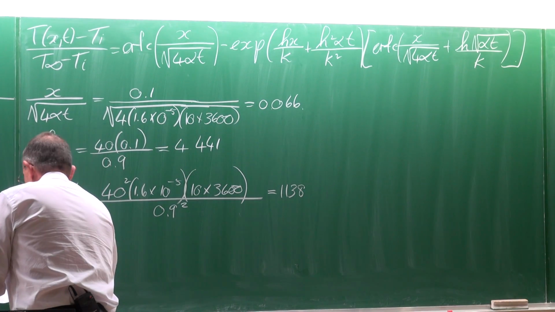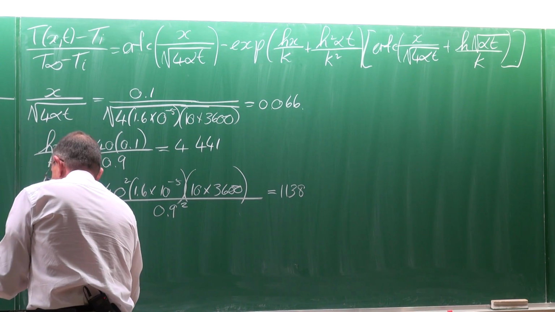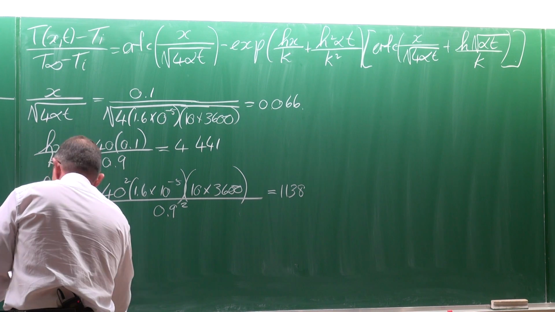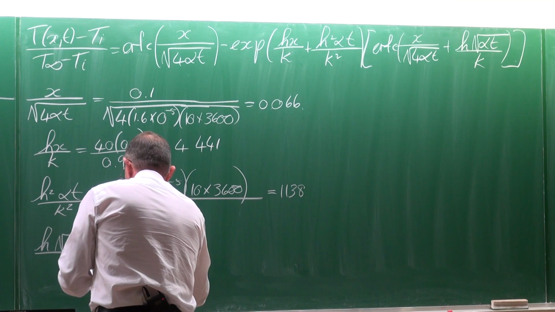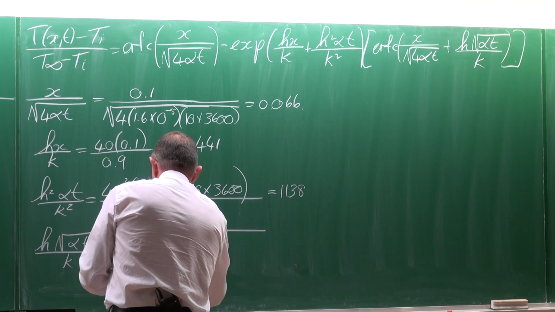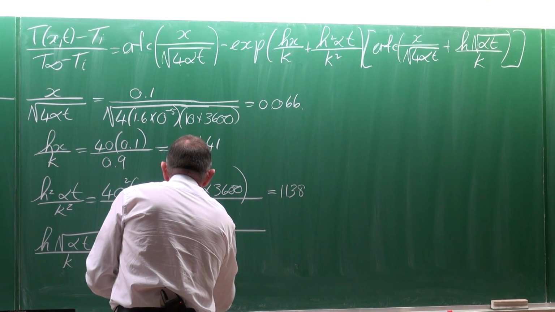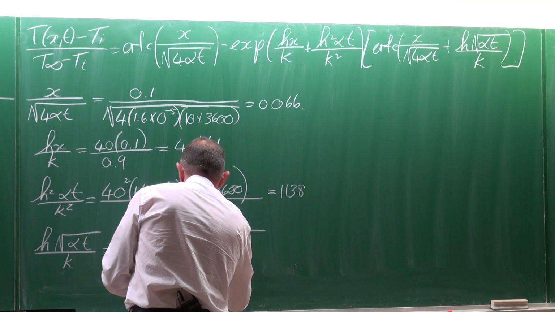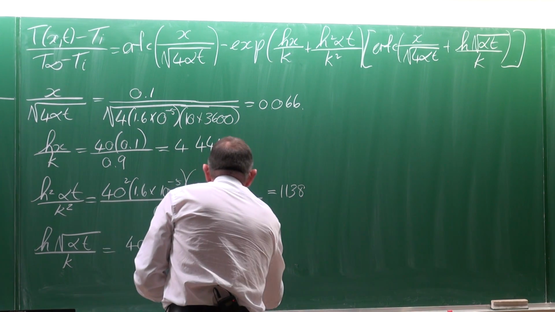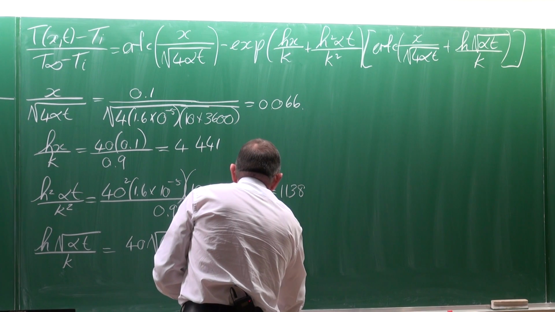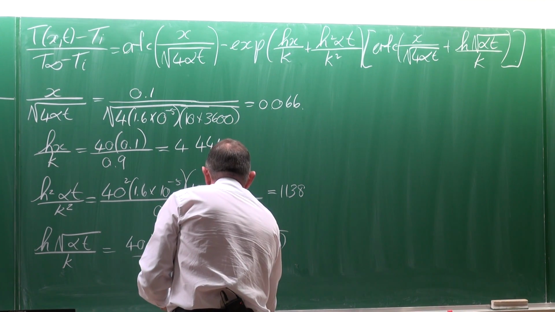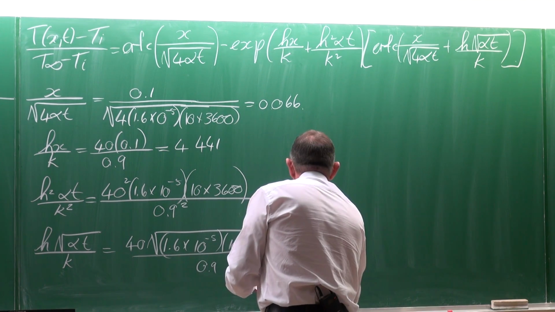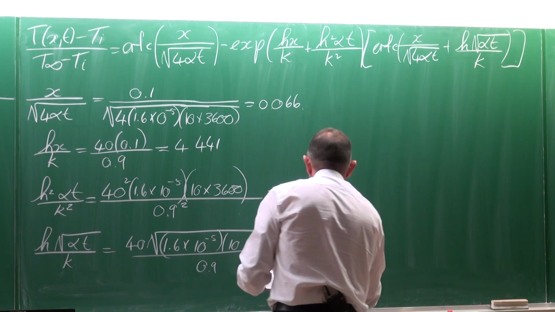And then lastly, the term heat transfer coefficient multiplied by the square root of alpha t divided by k is equal to 40 multiplied by the square root of 1.6 multiplied by 10 to the minus 5, 10 hours of 3,600 seconds, divided by 0.9, which is equal to 33.7.